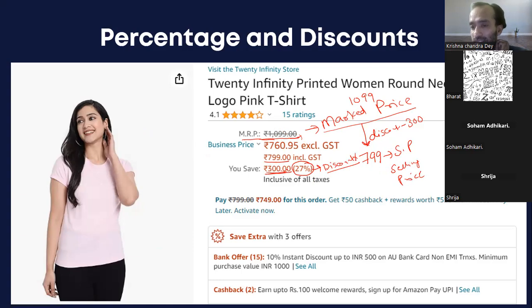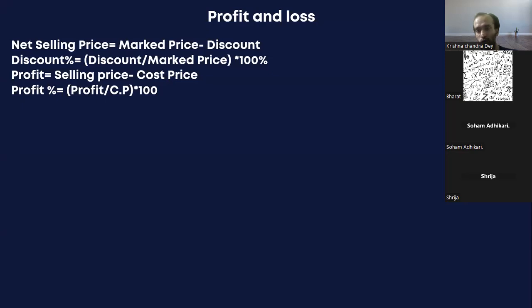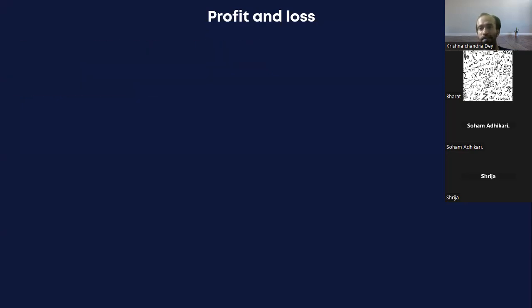This discount was 27% of 1099, it might come in decimal, that's okay. You will get the discount as 300 rupees. The discount is always calculated on MRP, not on any other thing. What is the printed price? You get the discount on that. Remember this, right? Now let me go to the previous slides and draw the tree diagram.